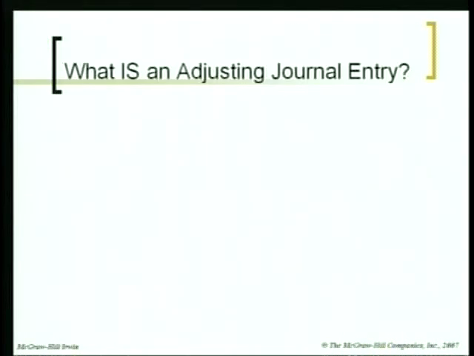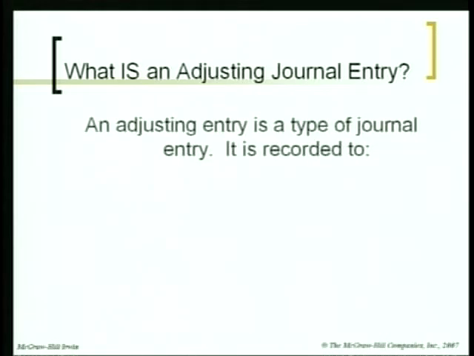Now you might say, okay, Krug, you use this term adjusting journal entry. What is an adjusting journal entry? Well, I'm glad you asked. Okay, first of all, it's a journal entry. An adjusting journal entry is a type of journal entry. It's going to follow all the rules of journal entries. The total debits have to equal the total credits.